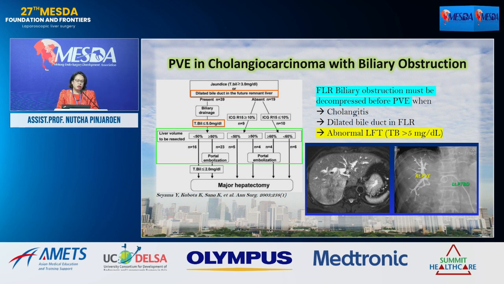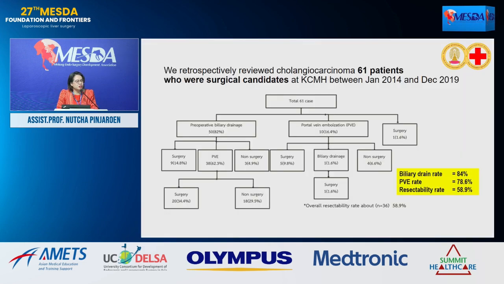And then if you need more volume, more than 40 or more than 50% of the FLR, we consider portal vein embolization. And usually before bringing the patient to definitive resection, the total bilirubin level should be less than 2. This is the recommendation from the Japanese articles, which is quite similar to our practice in Thailand.